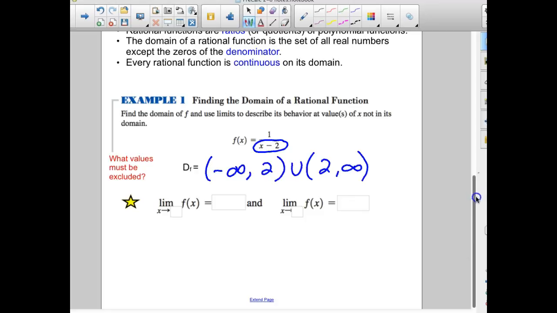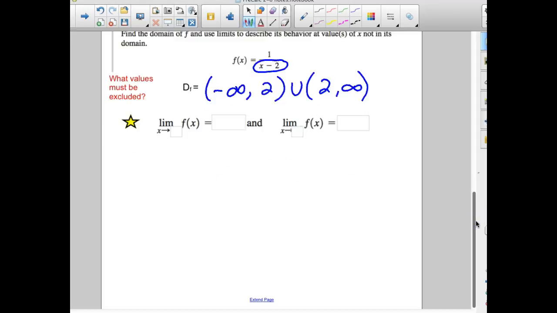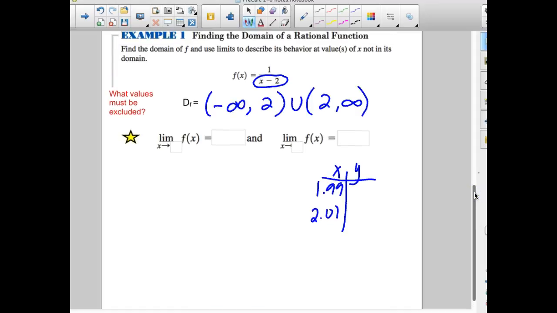Now, without knowing what the picture looks like, let's see what happens as we get close to 2. So think of making a t-chart, and let's just pick two numbers that are really close to 2, one on each side. So maybe 1.99 and 2.01. All right, if we plug those into our function, 1.99 minus 2 gives us what?